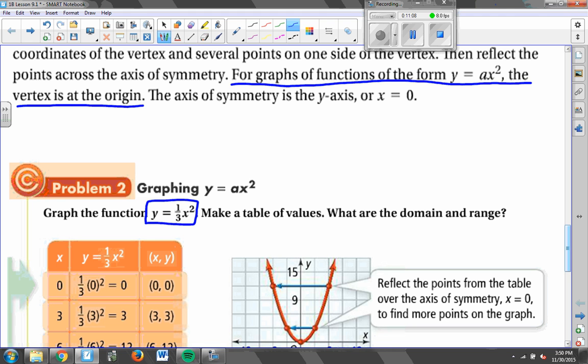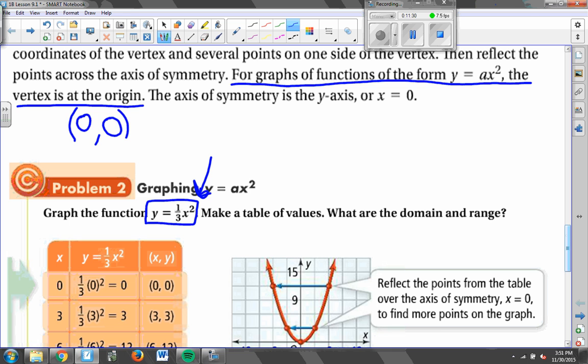So what does the origin mean again? That is 0, 0. If it's ever just some number x squared, your vertex is at 0, 0 every single time, including right down there.